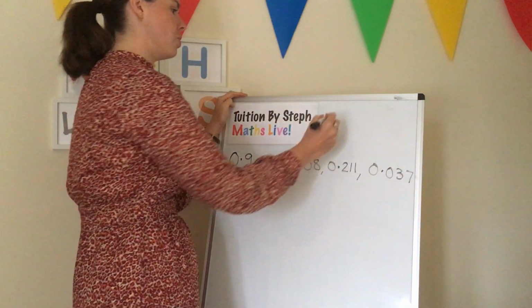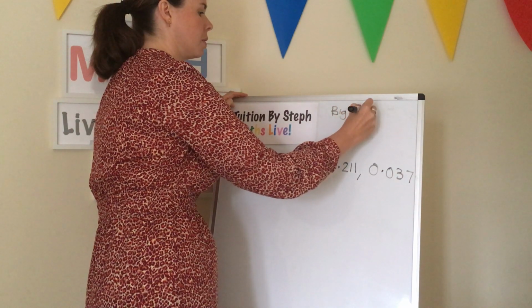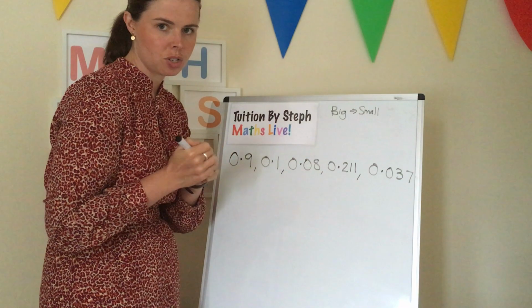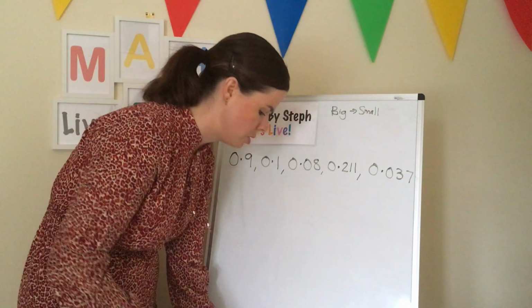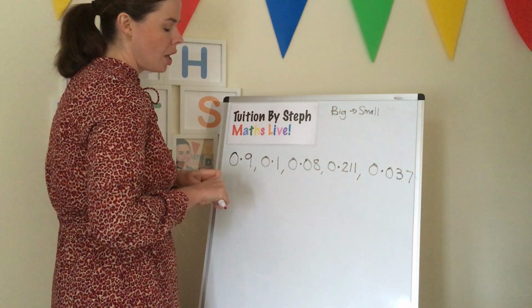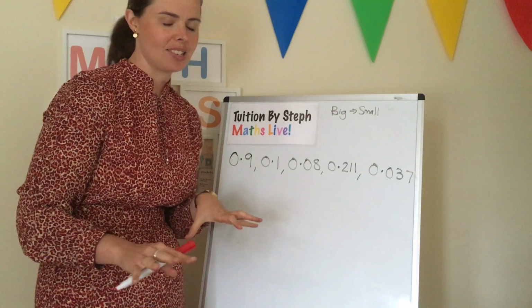And I'm going to order these from big to small. And there's something that easily can catch people out when doing this, because a decimal can look bigger than it actually is sometimes.